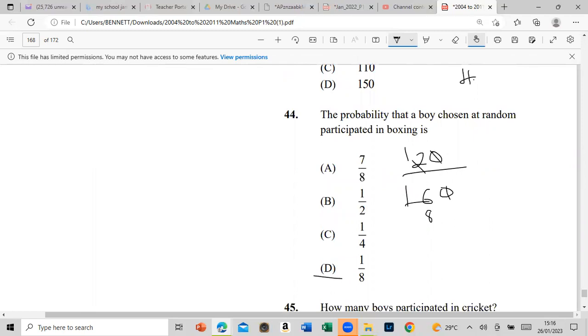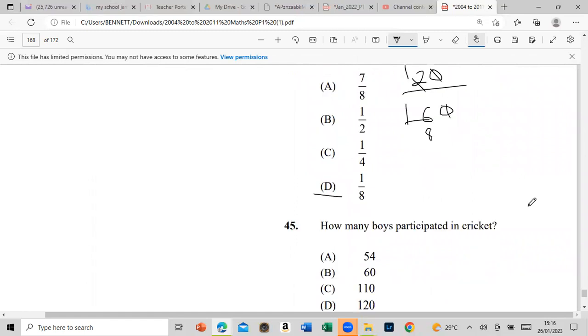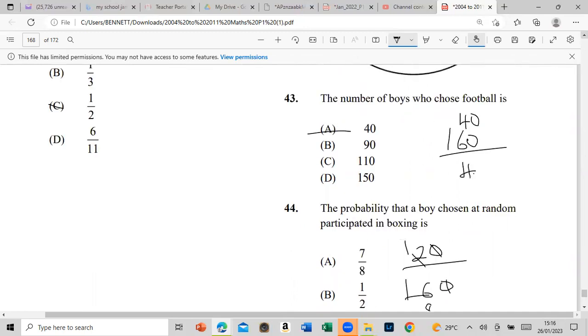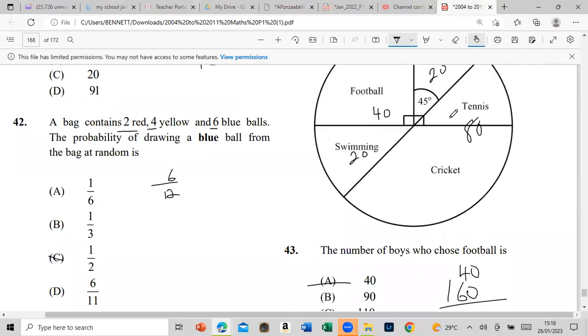Alright. How many boys participated in cricket? Actually, I worked that out already. Cricket alone is another 45, so 20 plus... so 60.